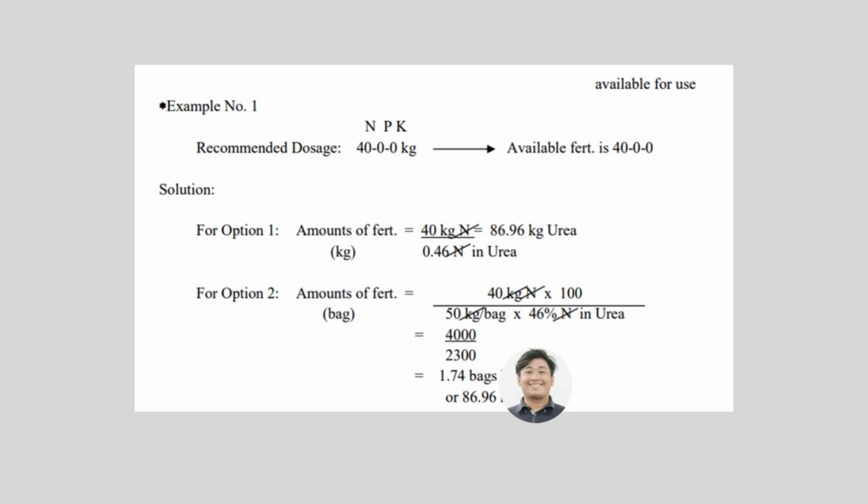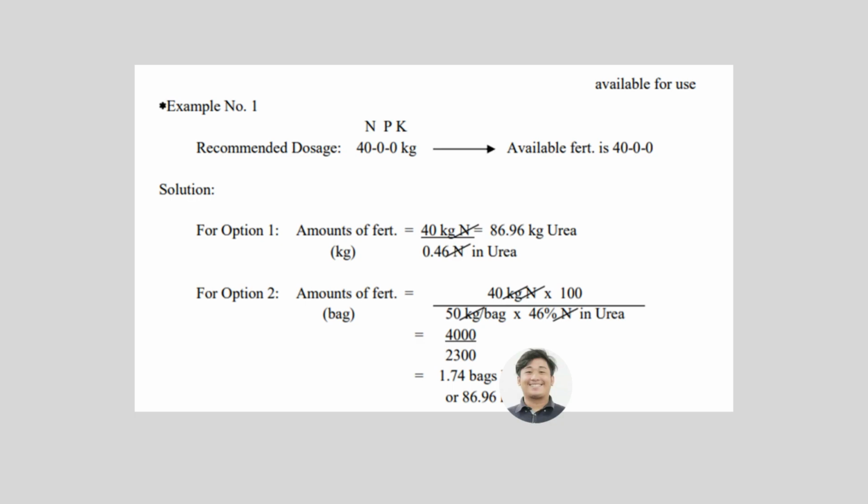So for option number one, we shall solve it in kilograms. Here we have the recommended dosage of 40 kilograms of nitrogen over 0.46 available nitrogen in urea. So we just divide it and we'll have 86.96 kilograms of urea.